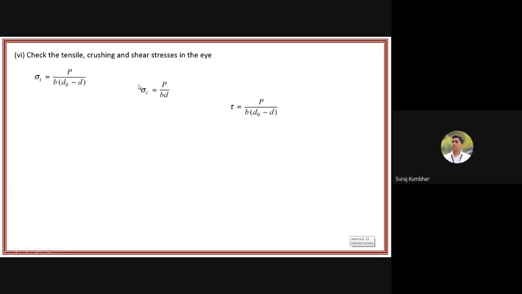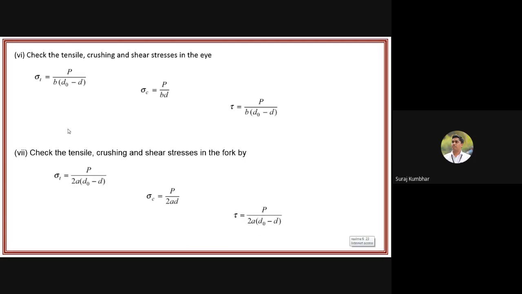Then again the same for the crushing stress. It should be less than the permissible crushing stress value. It should be less than the permissible shear stress value. Then and only then your component is safe. Otherwise, if your values exceed the permissible stress values, your single eye is going to fail. The same is applicable in case of a fork.